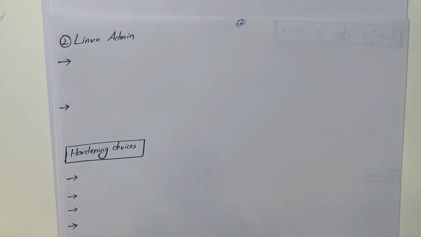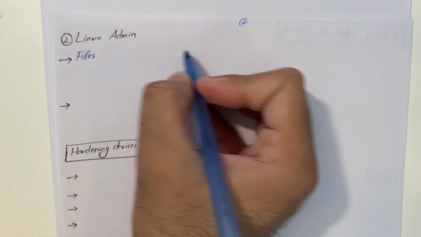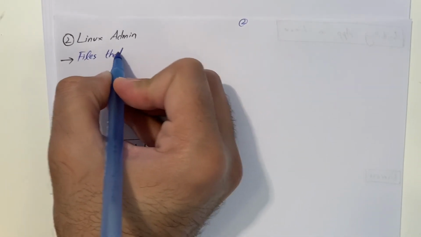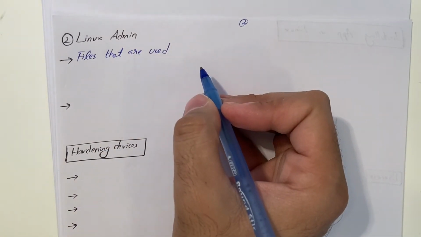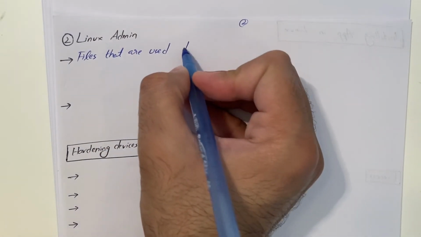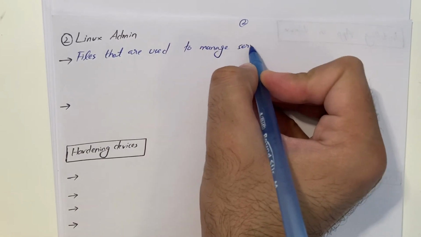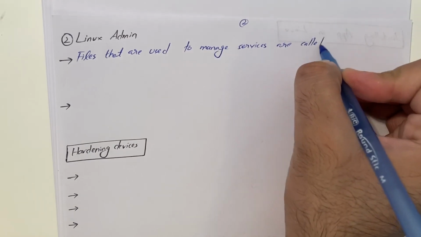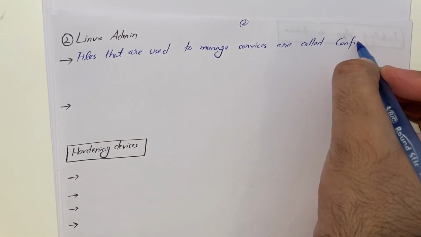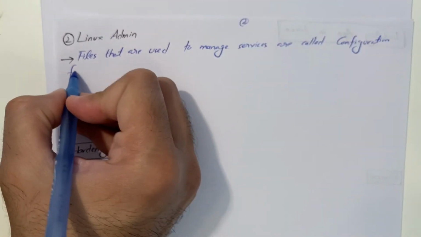In Linux, we use a specific kind of file called a configuration file. The files which are used mainly to manage services are called configuration files.